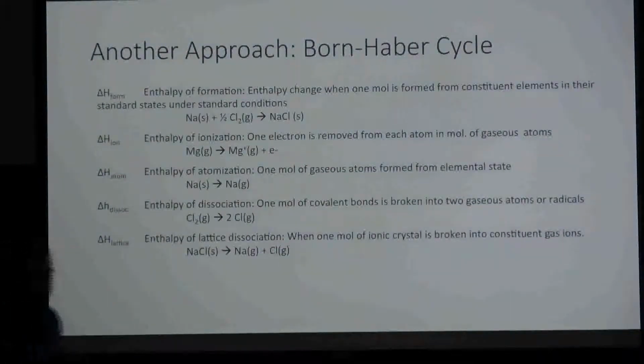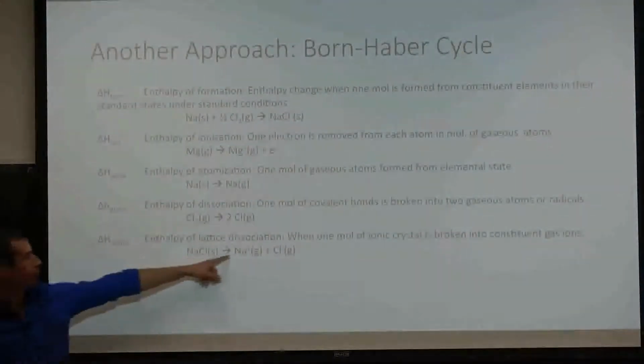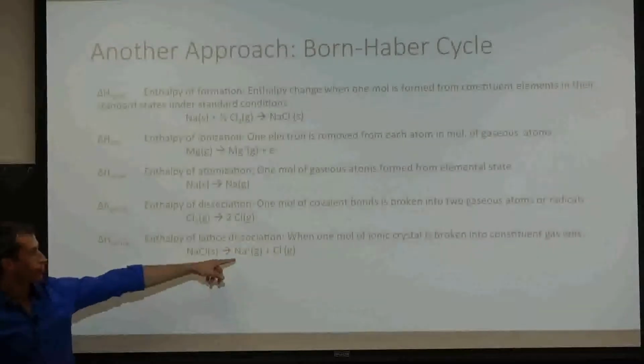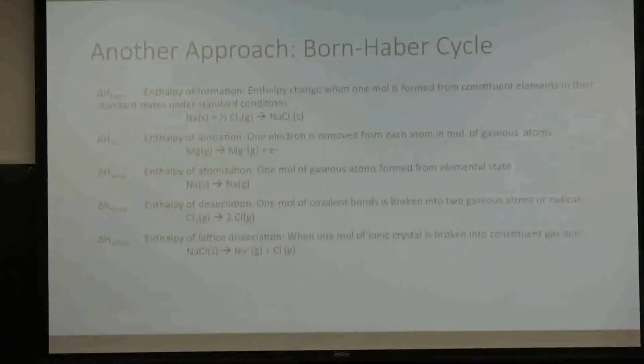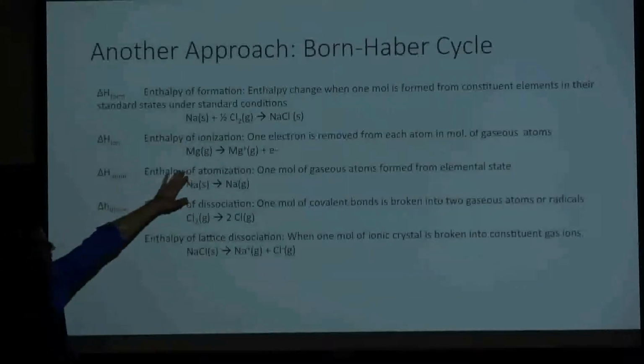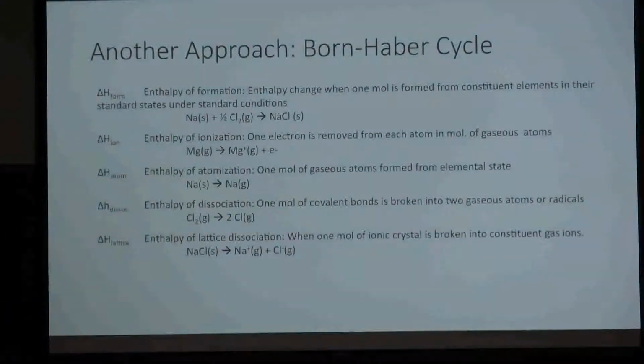Here's what we're looking for: 1 mole of ionic crystal broken into constituent gaseous ions. We can measure the enthalpy of ionization, for example, magnesium, when 1 electron is removed from each atom in a mole of gaseous atoms.